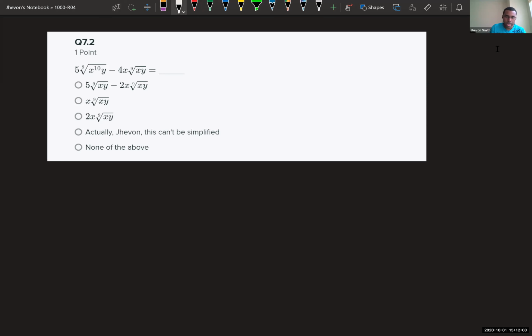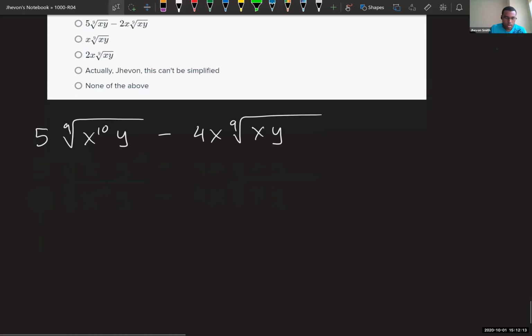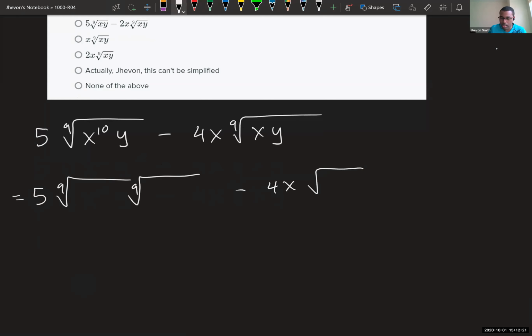So if I were to have this, I would immediately open up 2 radicals in place of that 1 radical. You can do the same here, although it's not going to make a difference. It's unnecessary here, as we'll see.